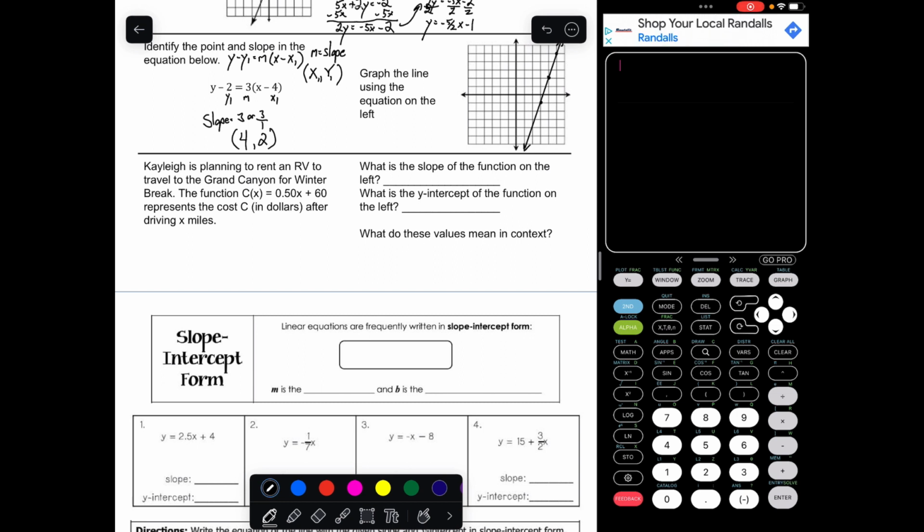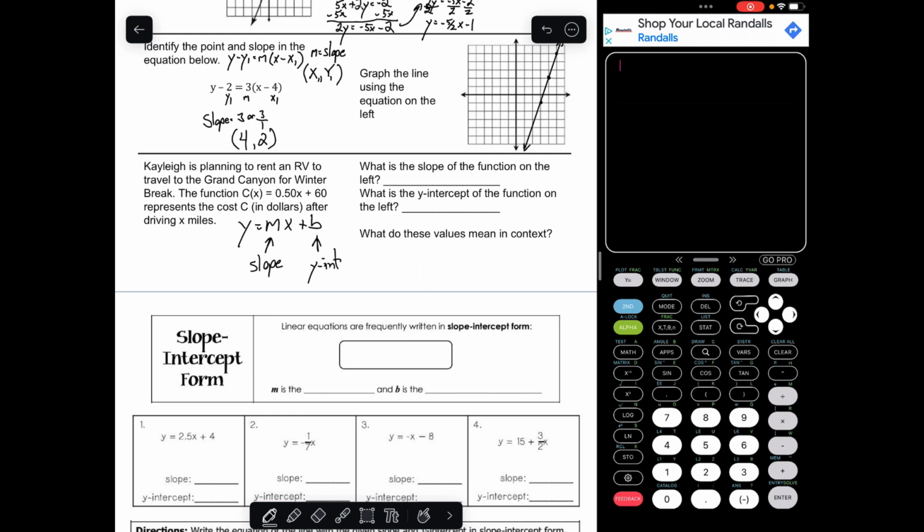So let's do one thing. This right here, c of x equals 0.5x plus 60, looks very similar to an equation we should all be starting to get really familiar with, where it says y equals mx plus b. And our m is our slope, and our b is our y-intercept.